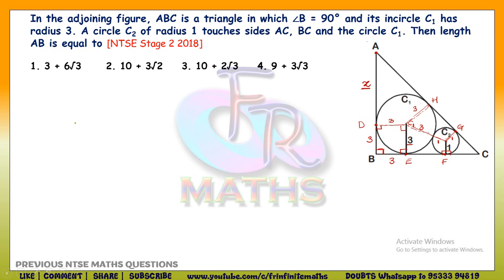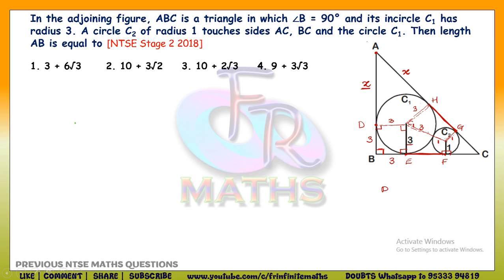So let us consider that AD length as some X. Then obviously AH also becomes X. Next, if you observe this EF, this length EF is the direct common tangent of these two circles. The same way HG also. These two lengths are equal because they are direct common tangents to the same two circles.